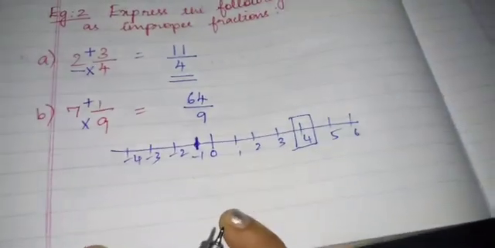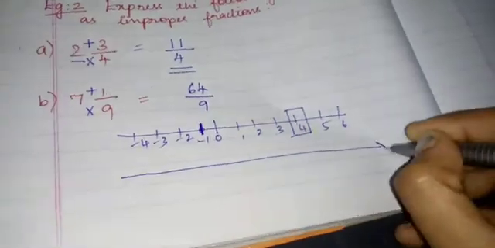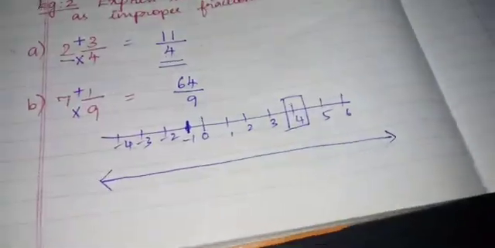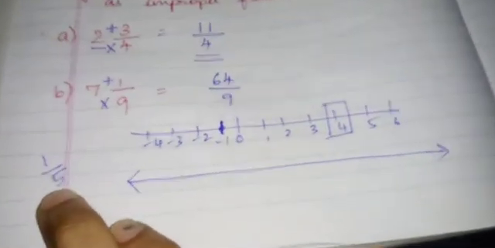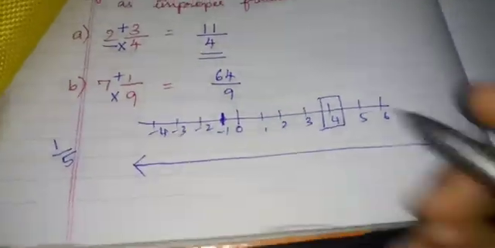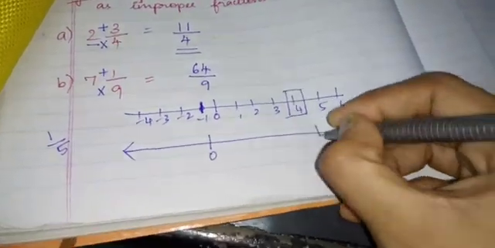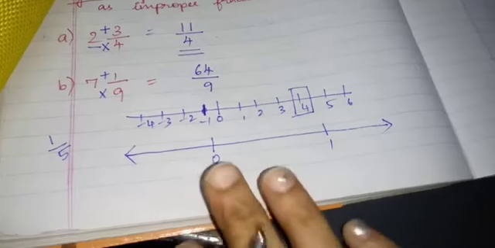But when it comes to fractions, if you want to indicate the fraction 1 by 5 in a number line, what you will do is you will just draw the first numbers, 0 and 1. Why am I taking 0 and 1?